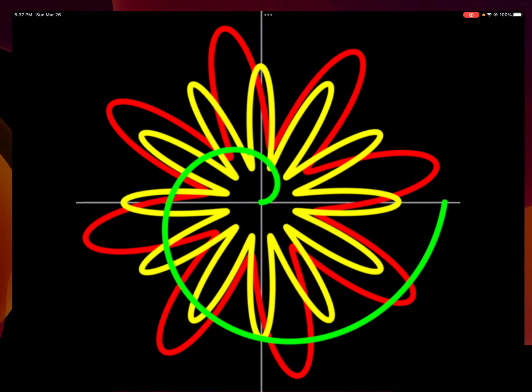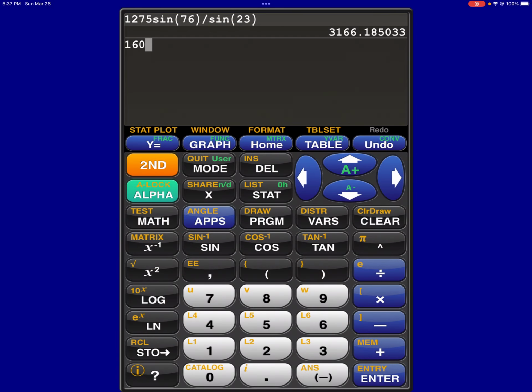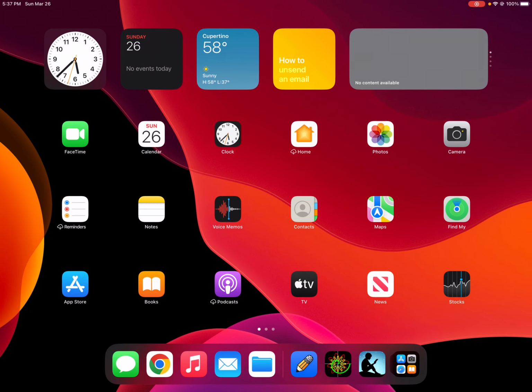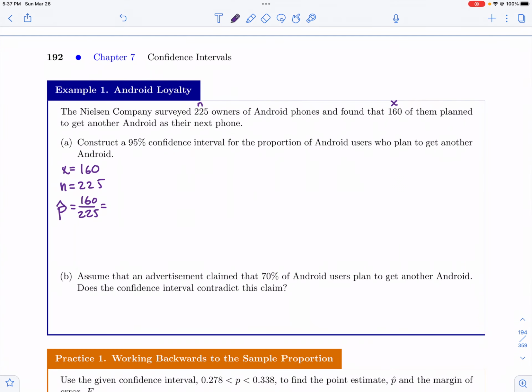So let me throw it in the calculator real quick. We see that we get 0.71 repeating over and over again, so I'm just going to write this as 0.71. And then we need to know our q hat. Our q hat is going to be 1 minus 0.71, which is 0.29. And then we do need to figure out our standard deviation at some point.